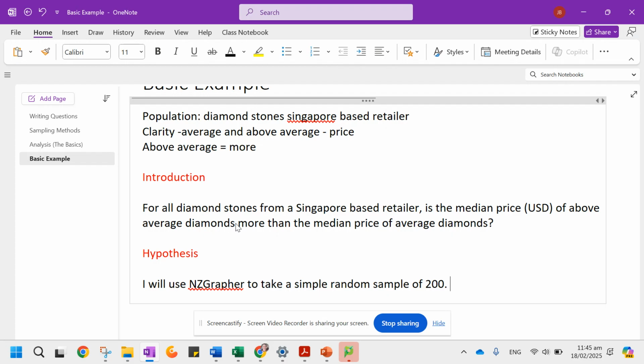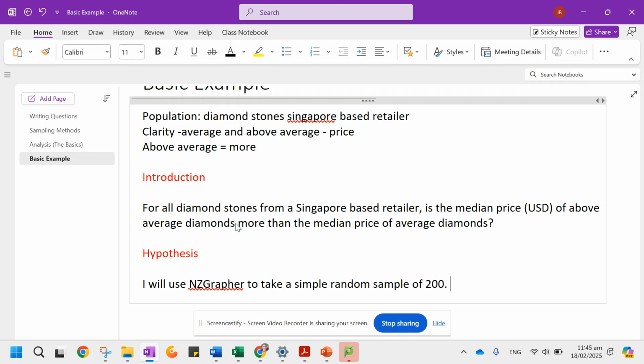If you are aiming for a higher grade, you can describe in more detail why you have chosen that sampling method. What is the benefit of that sampling size? What are some pros and cons of that sampling method? Basically justifying it.